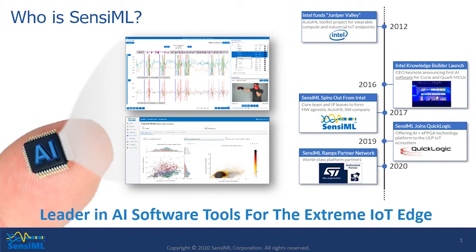By mid-2017, Intel elected to shut down its wearable computing division, setting the stage for SensiML as a spin-off and independent software vendor. From that point forward, SensiML has worked to expand its support and partner ecosystem, choosing to partner with market-leading hardware vendors such as ST, and to bring complete solutions to customers for rapid prototyping and development of smart IoT products.